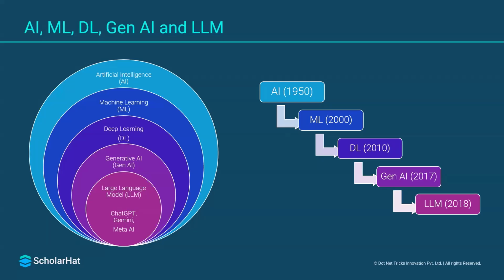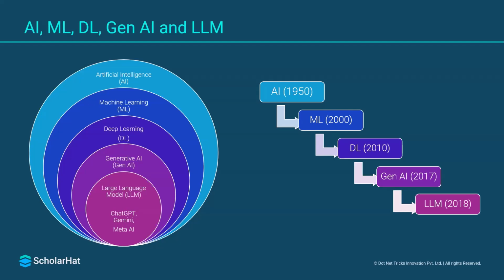Then in 2000, machine learning was introduced so that we can train the machine to respond and behave. Then in 2010, we had deep learning, where we are able to give more deep commands. Now the machines are more sensitive with DL.